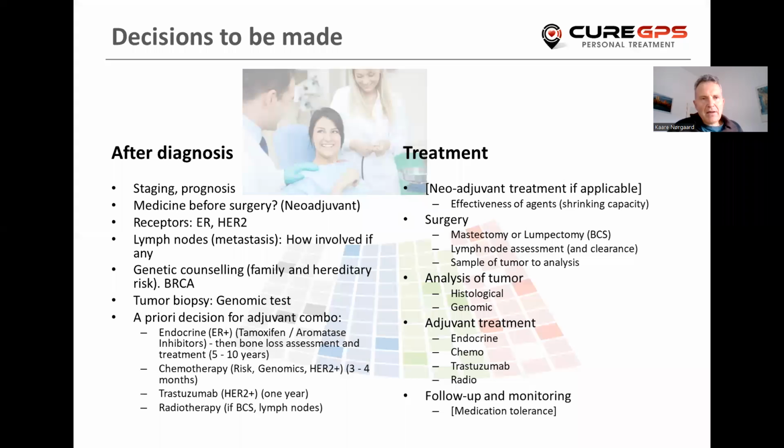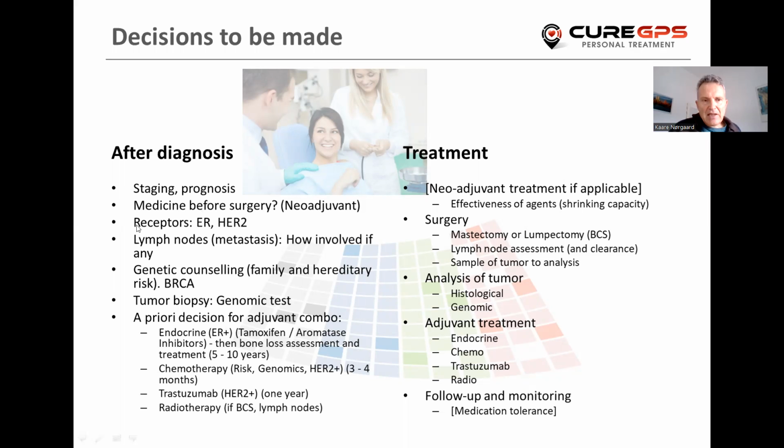So a breast cancer treatment, right after the diagnosis, the doctor has to make the following decisions. Right after the diagnosis, the doctor, he or she, I'll say he, has to determine the stage and the prognosis. Then he has to decide whether the medication comes before the surgery or after.